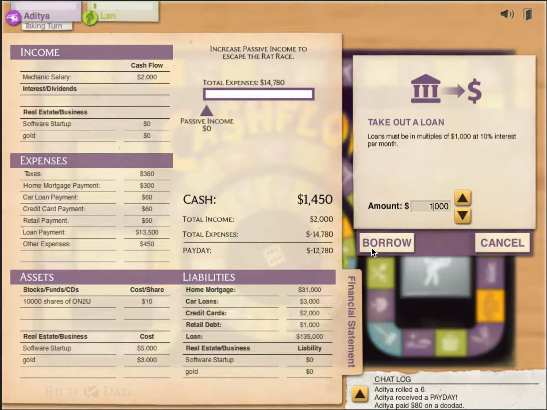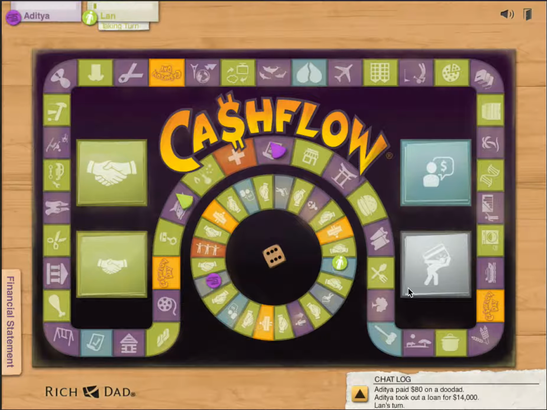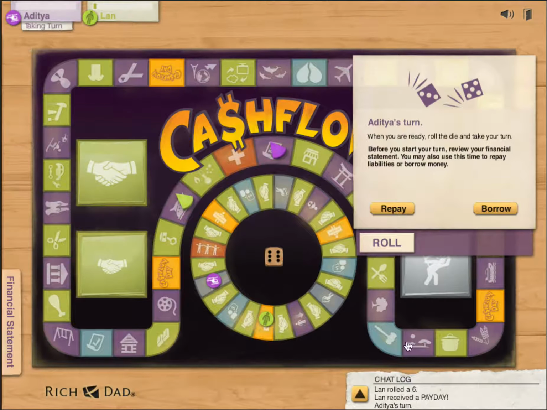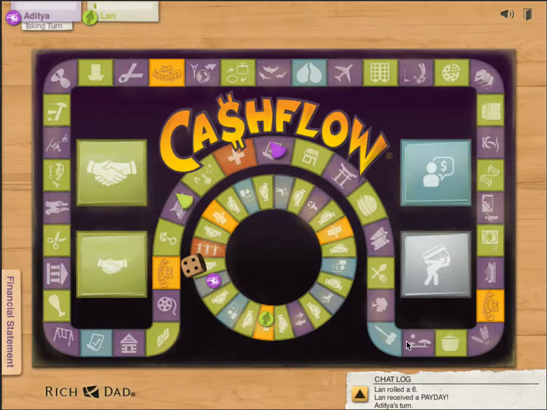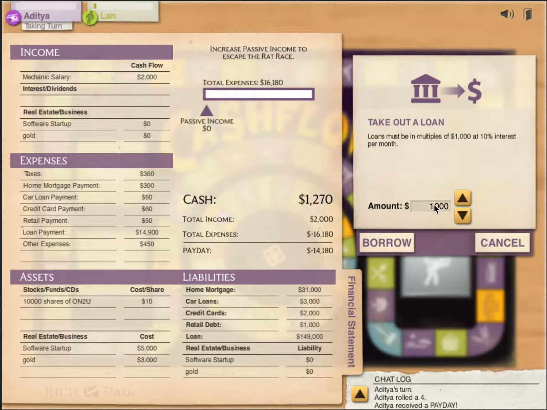We'll borrow $14,000. And now it's our turn again. And we're going to borrow again to keep our payday costs in cash.